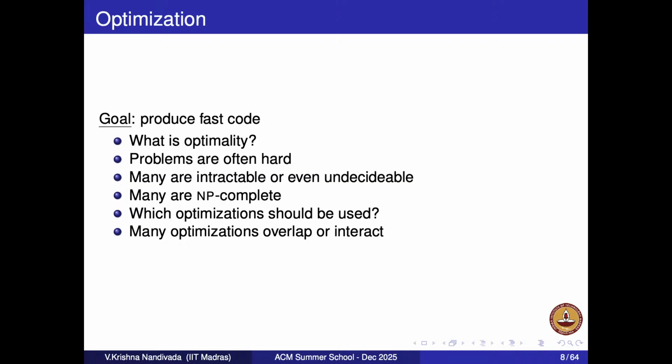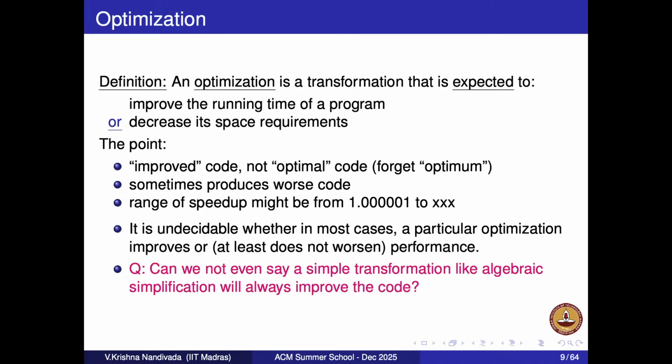Maybe you two together will improve the code, but between him and him, if both are applied, maybe they don't go well together. They are not as effective together. Such things also happen, because the optimizations can have an overlapping effect. So then how do we choose which optimizations to pick? These are some of the questions we'll explore.